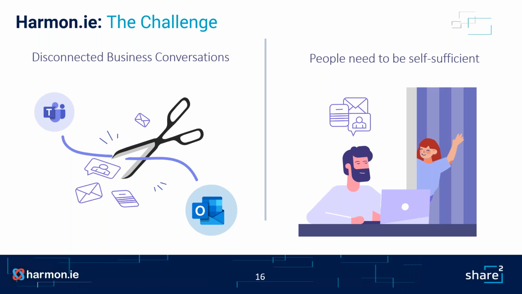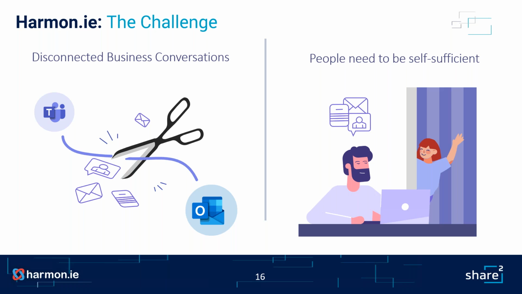If you're like me, I switch between the two, and as a bad habit I'll reply to all to an email in Outlook, and then I'll move it over to Teams. So how do we handle it when part of the conversation is in Outlook and part of it is in Teams? Microsoft presents this as your inner loop and outer loop of communication, your internal and external communication. So how do we seamlessly allow people to move between the two?